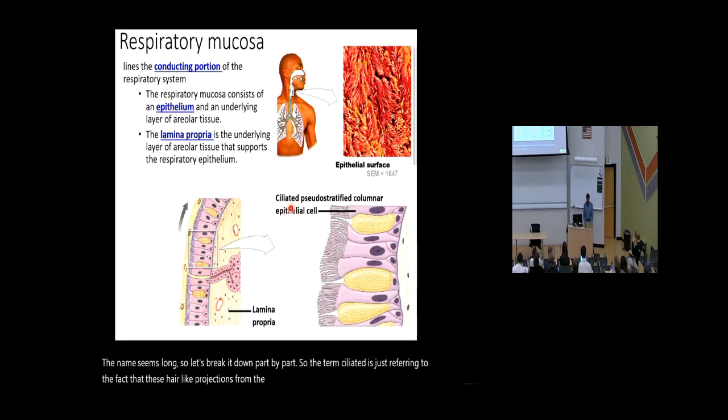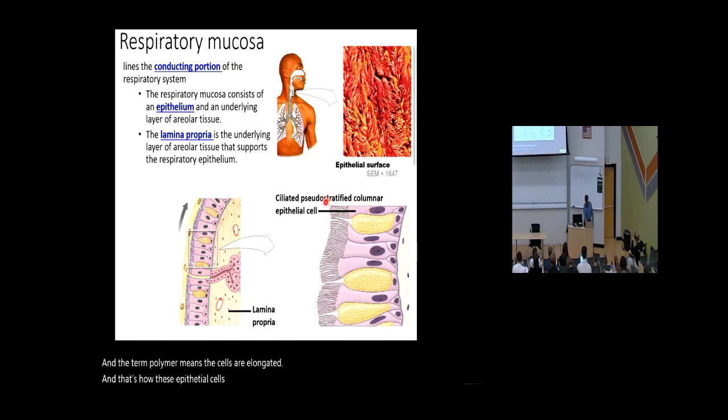That's why it's called ciliated epithelium. Now the term pseudostratified means that it appears to be stratified, but it's not. Stratified means there are multiple layers of cells, and it appears to have multiple layers of cells, but there's only a single layer of cells. And the term columnar means the cells are elongated, and that's how these epithelial cells are.